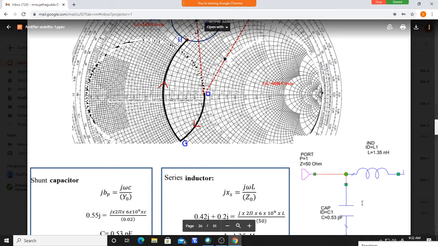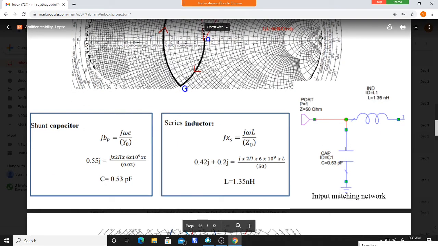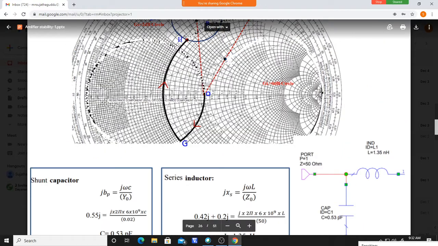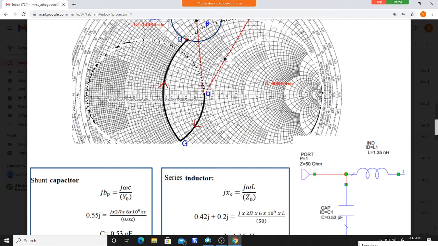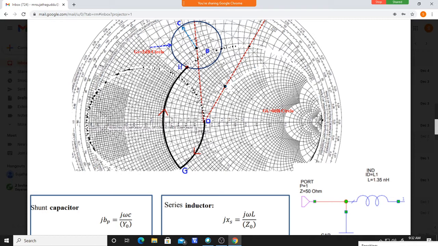You should know how to get the element values of this impedance matching network, the capacitor value and inductor value. So we will now go to the TLW course, the impedance matching content, and see how to do this.